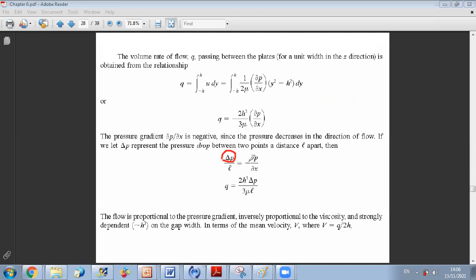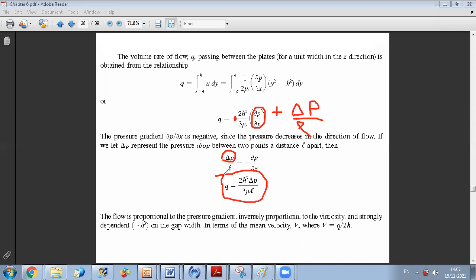This is why I will put minus del P by del X. So now if I replace del P by del X in this equation by minus delta P over L, and I already have minus before, okay, then I will get that Q is 2h cubed times delta P over 3 mu times L. So as you can see, the flow rate Q is proportional to the pressure drop.